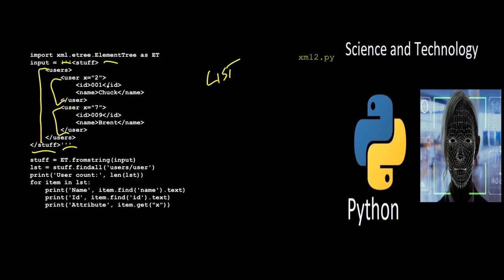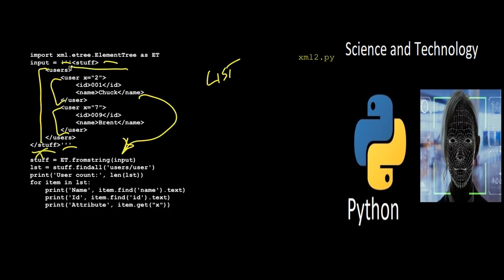And again, we take this, we pass that into fromstring and get back an object that represents the stuff. It does not necessarily have to be the same as this outer tag. It's just a variable. This could just as easily be x if I wanted. And so now what I'm going to say is, hey stuff, I want to find all tags that match the path users/user.